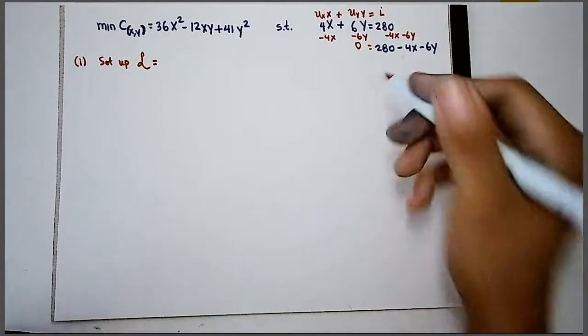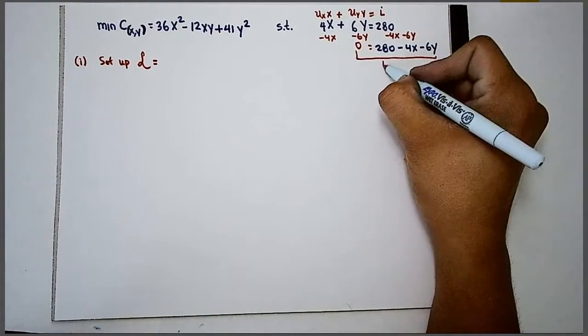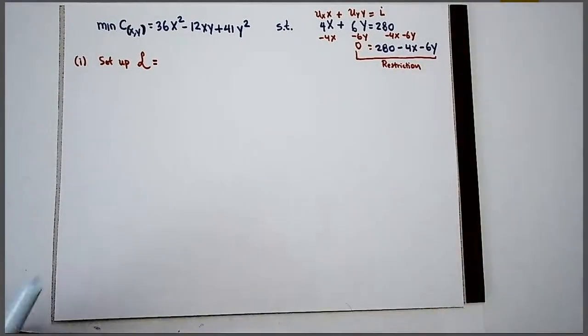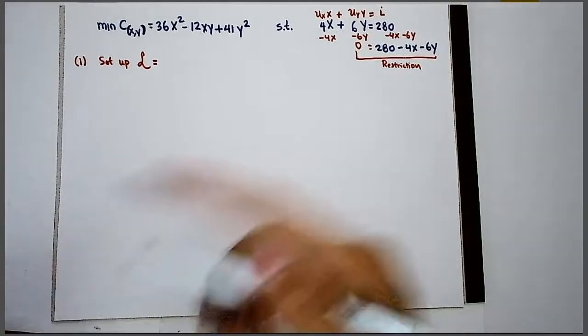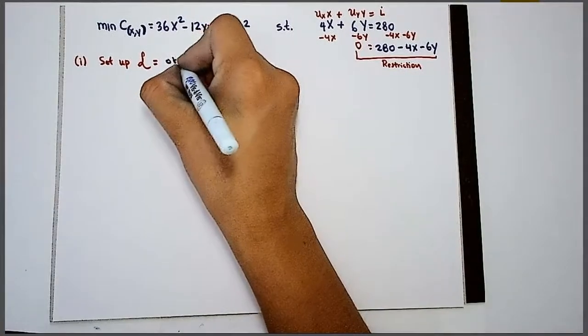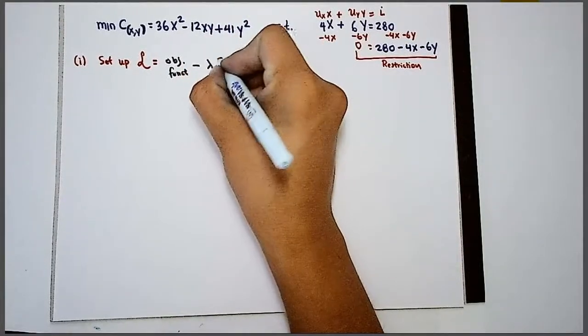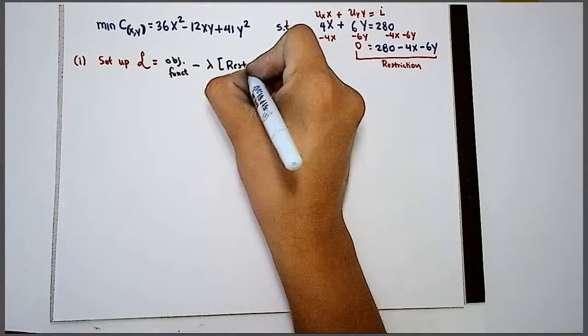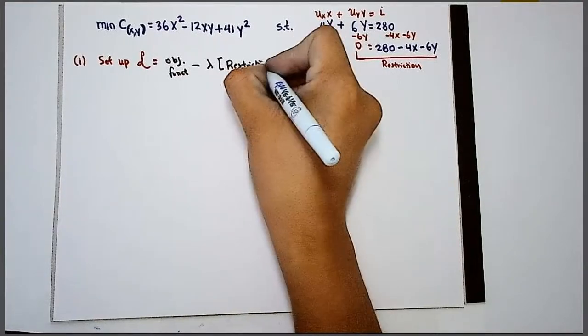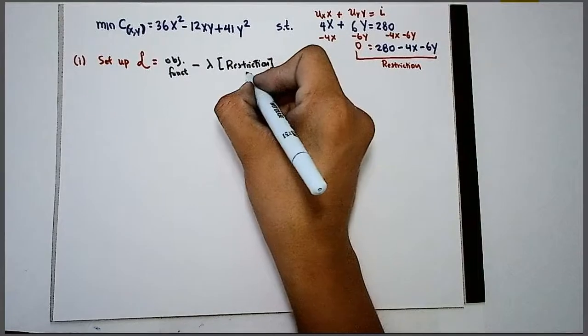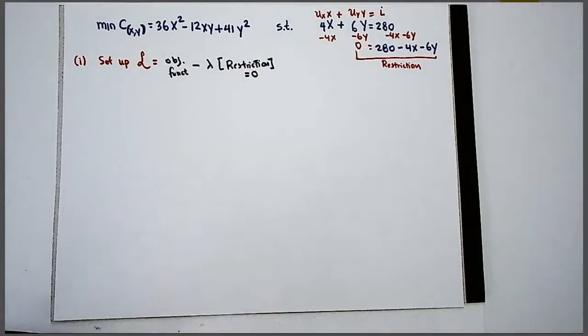So this will be our restriction. So for the Lagrange function, remember that we need the objective function minus lambda times the restriction. And this must be equal to 0.